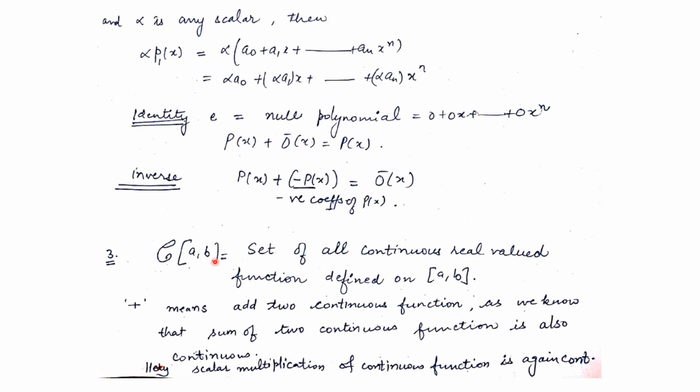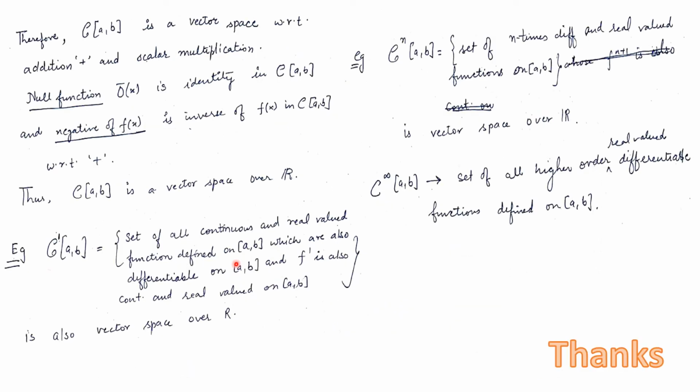So these are standard examples of vector space: the set of all continuous real valued functions on the interval [a, b]. They all are vector spaces over the set of real numbers. In the case of this set, our identity is the null function, meaning the function attains value 0 for all x.